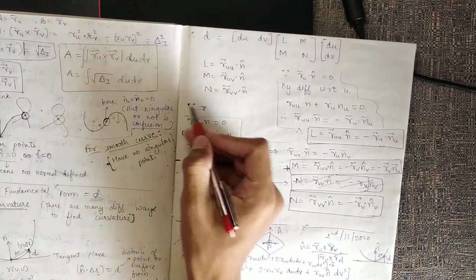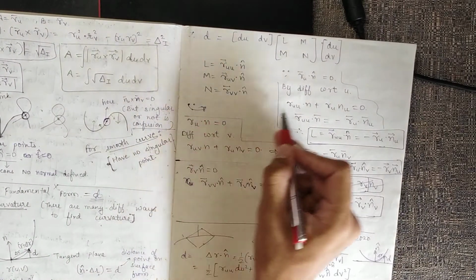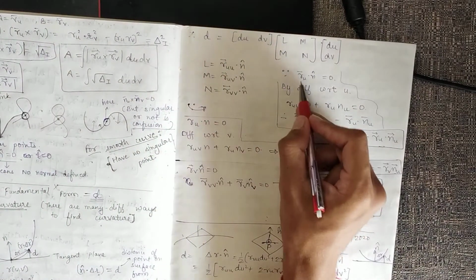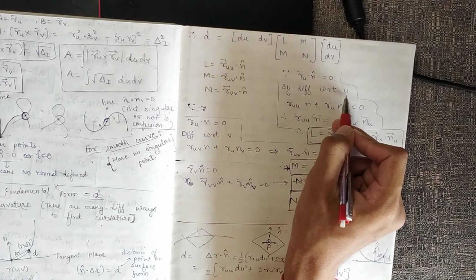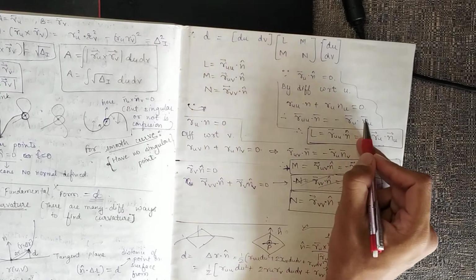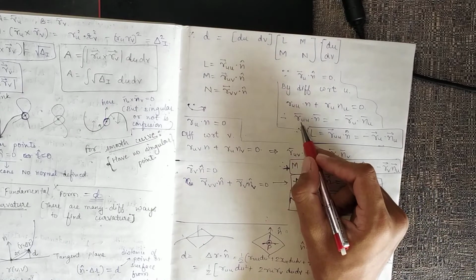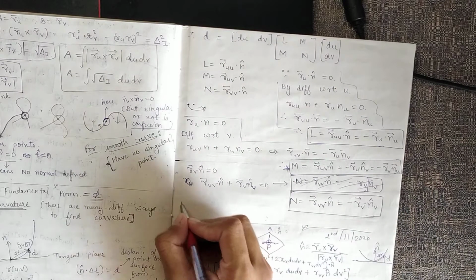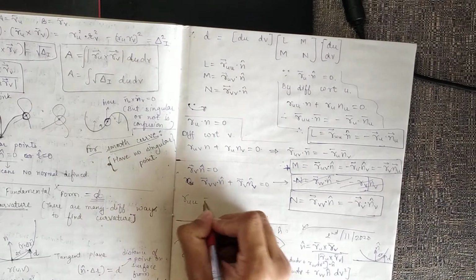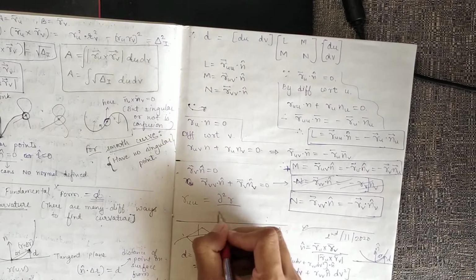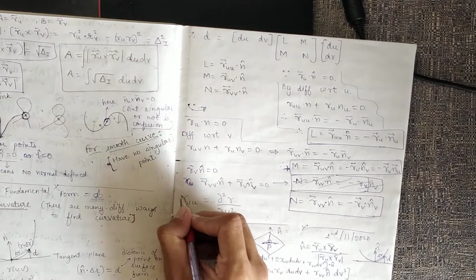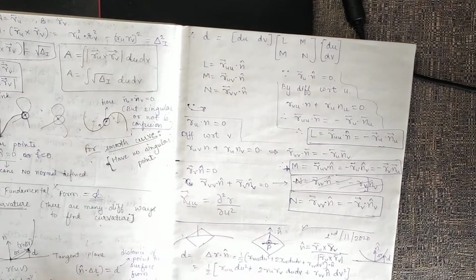And there is one more way we can define L, M, and N. That is, if we differentiate r_u dot n with respect to u, we'll get this equation. Let me say r_uu is del square r by del u square, that is, differentiating twice with u.